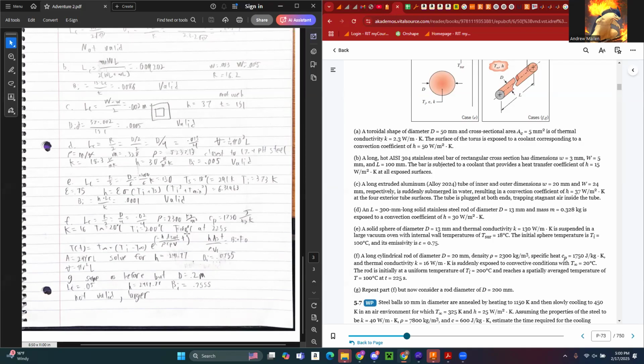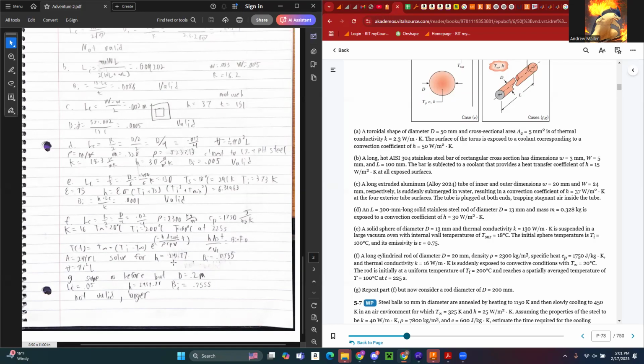The surface area of this is going to be 2 pi R L or pi D L, and the volume is pi R squared times L, or 1/4 pi D squared times L. You plug all these defined values into the equation and solve for h, and you'll get a convection coefficient of 241.77 watts per meter squared Kelvin, a very high number, but when plugged into the Biot number, you get 0.0755, meaning that it is valid to assume the lumped capacitance approach to even find it.